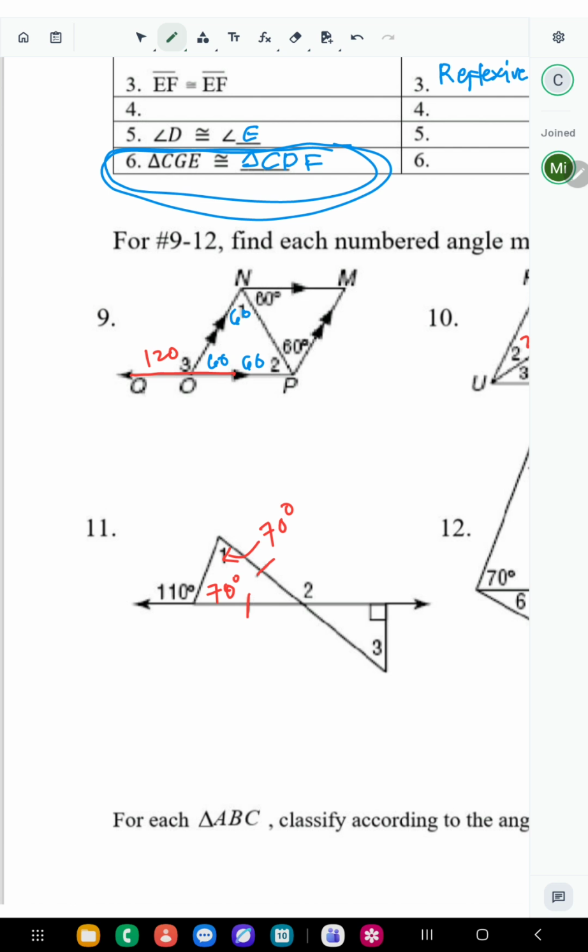Therefore, angle 2 is 180 minus 70 minus 70. So this angle here is 40 degrees. They are vertical angles, so that means this is also 40 degrees. Therefore, angle 3 is just 180 minus 90 minus 40. This is 50 degrees. Got that?